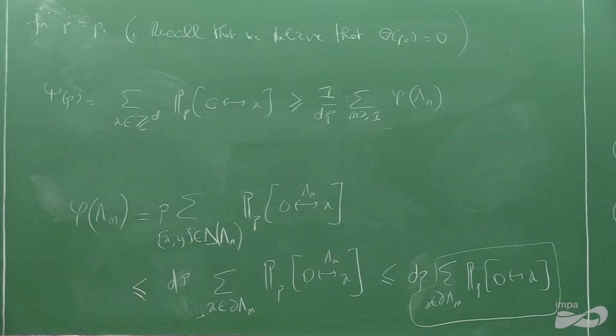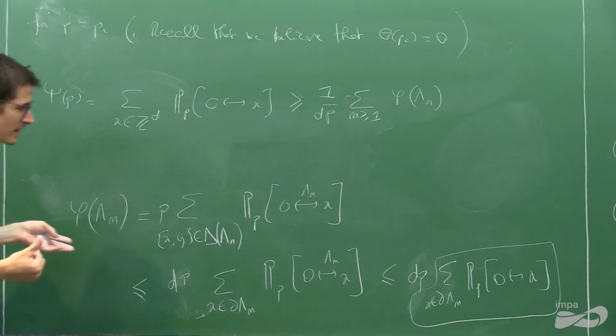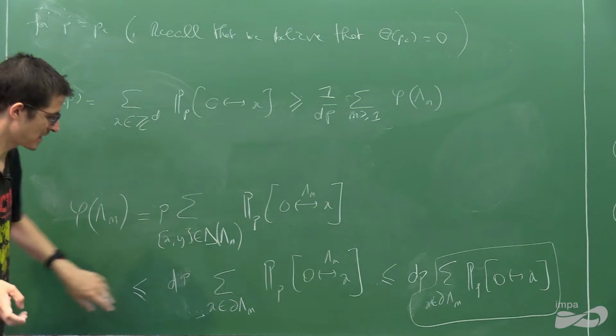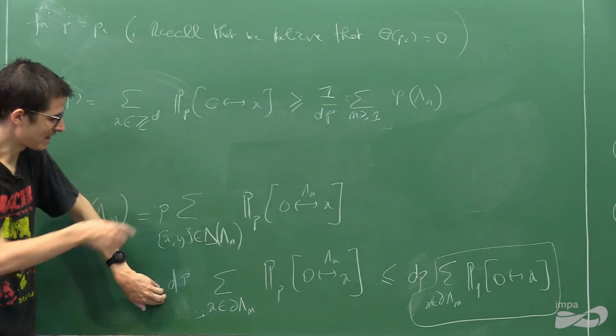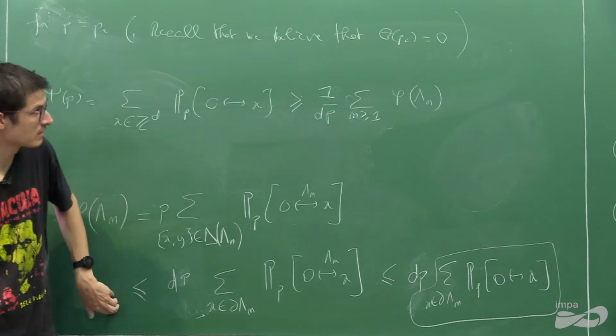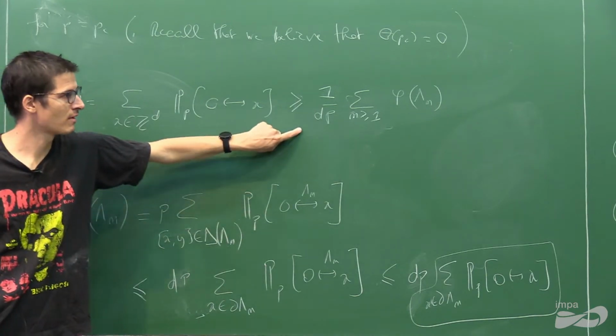Okay, so for instance, in the corner of your cube, you have d outgoing edges. Even though for most x's you have only one edge, I'm just going to overcount and assume that I have d possibilities for y for every vertex. So this gives me this inequality, and this gives me this factor.